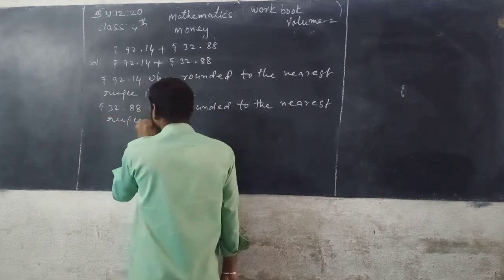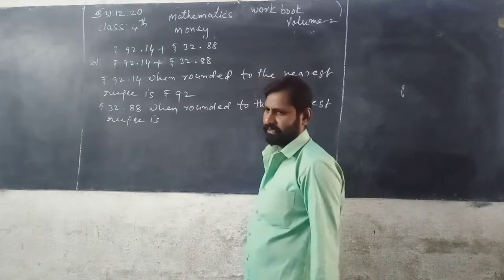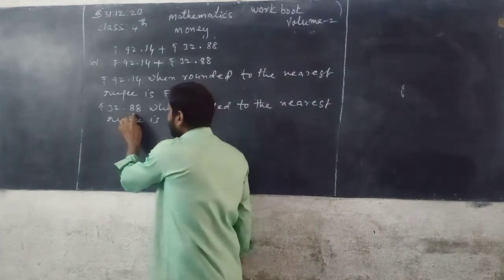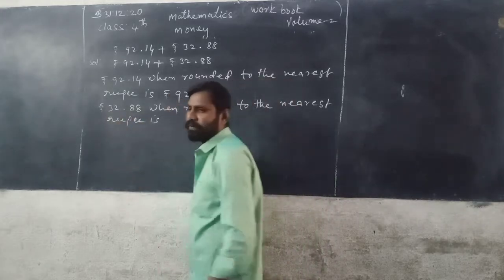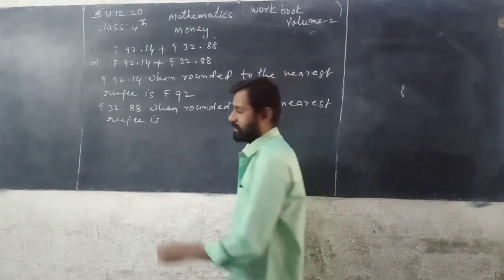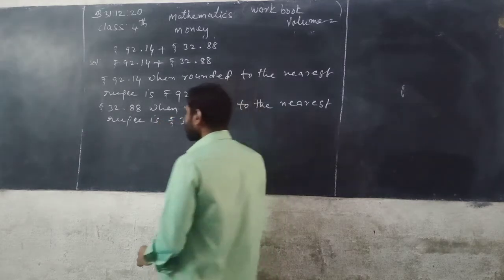See, look at the backboard, beta. 88 paise is more than 50 paise. Then 88 paise is nearer to 1 rupee. So 1 rupee is added to 32 rupees, you can get 33 rupees. Okay.